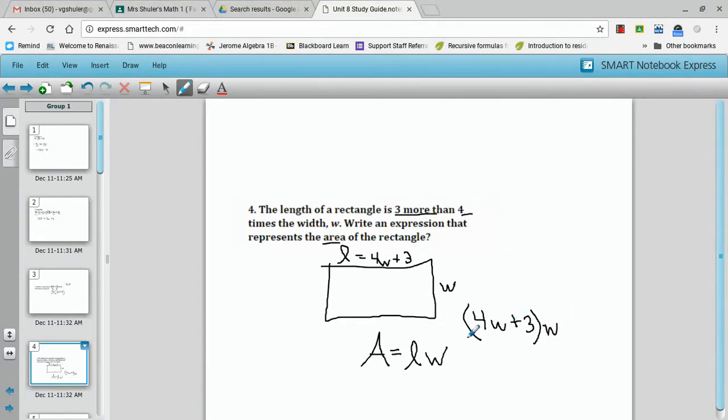Length times width. So w times 4w is 4w squared. And w times 3 is 3w. So our final answer is 4w squared plus 3w.